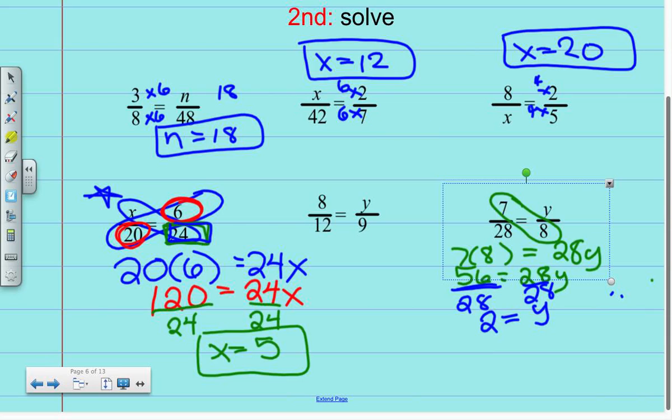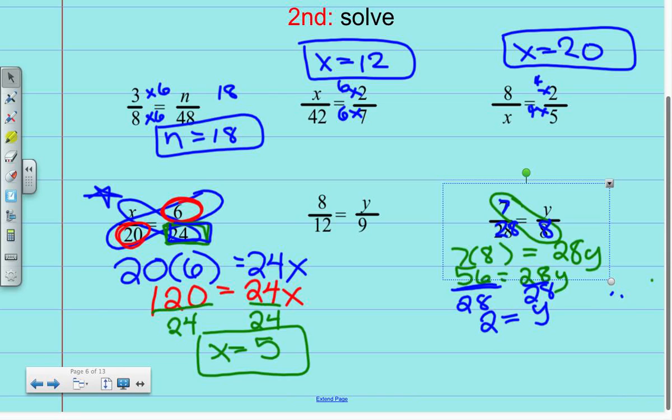So what I tell my students most of the time, I say you go number times number. So here I'd go 7 times 8 in my calculator right away, divided by this bottom number, 28. So you're always going to multiply the numbers that have the diagonals, and divide through by that leftover number.